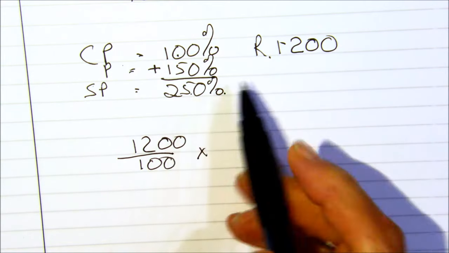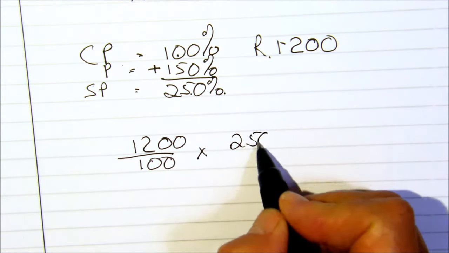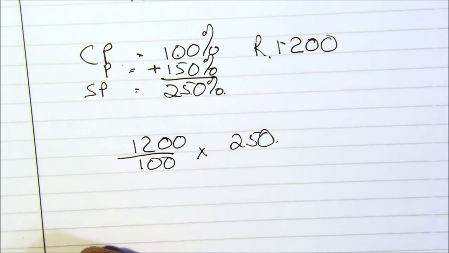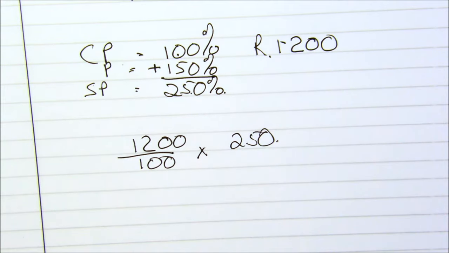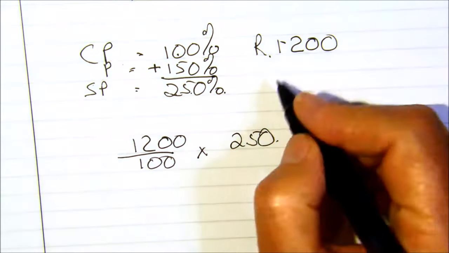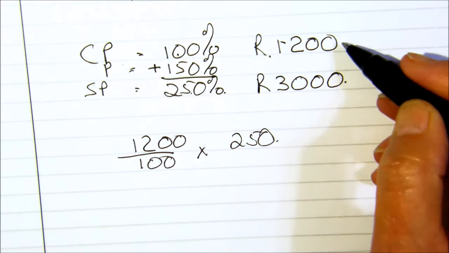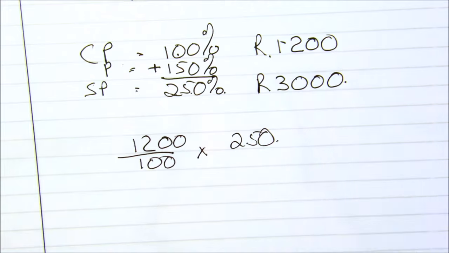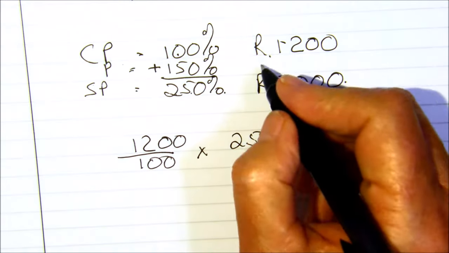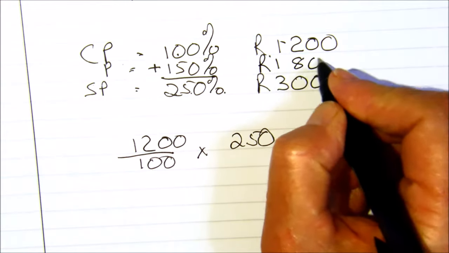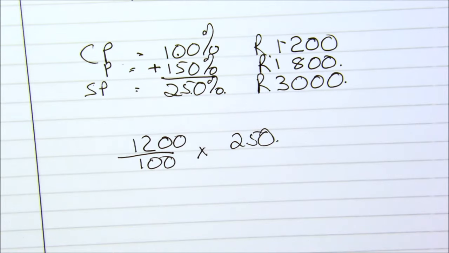So you're going to times by 250 because the markup was 150. So you add it on to 100. And so therefore, your selling price here comes out at 3,000 Rand. As I said, you've more than doubled. And your profit is 1,800.